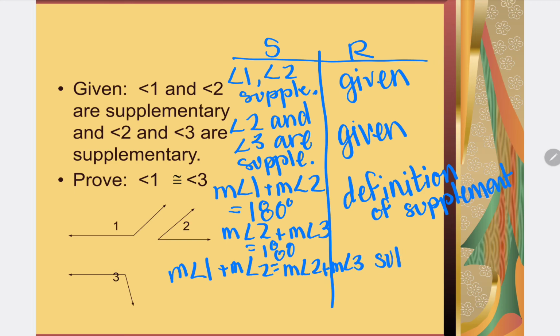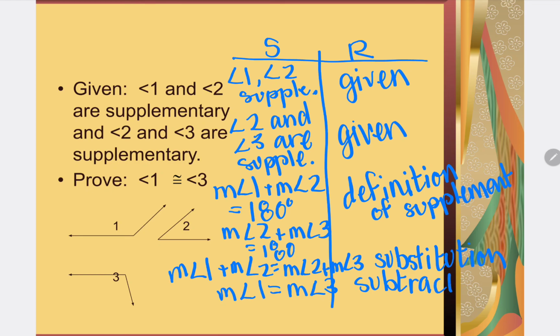This is substitution. We can then subtract the measure of angle 2 from both sides using the subtraction property of equality. And then by the definition of congruent, we obtain that angle 1 is congruent to angle 3.